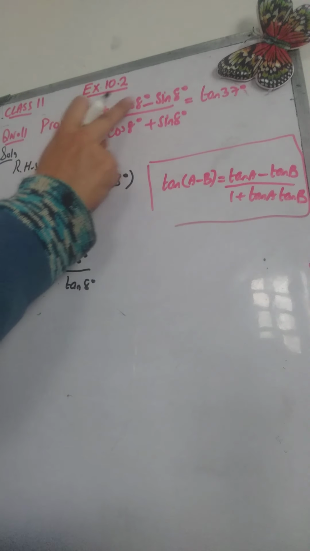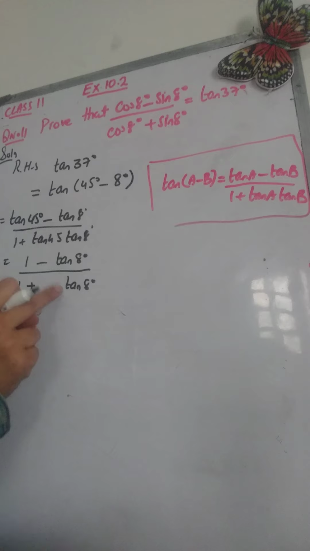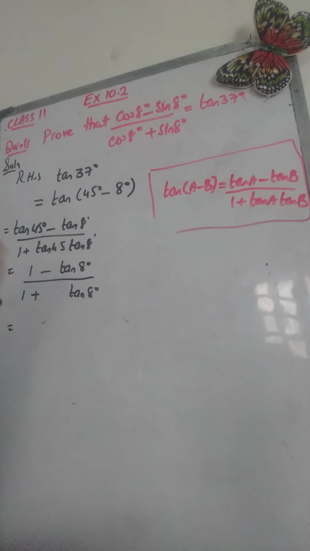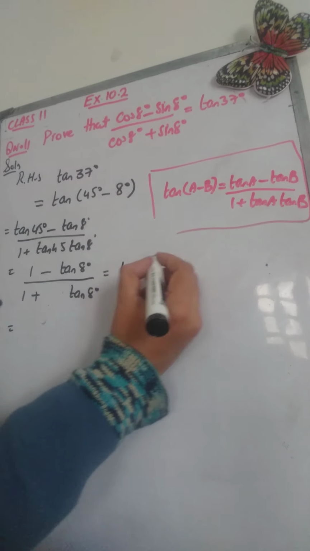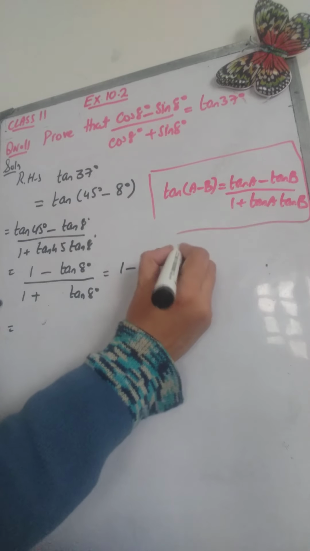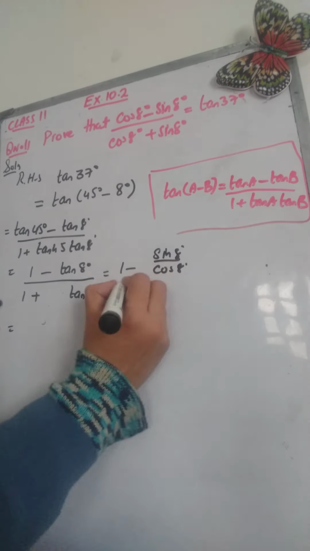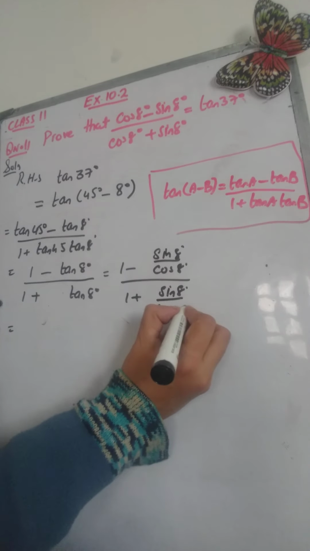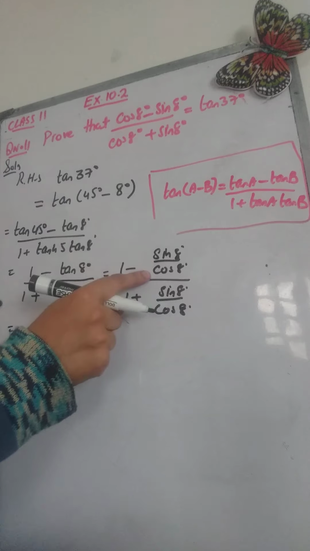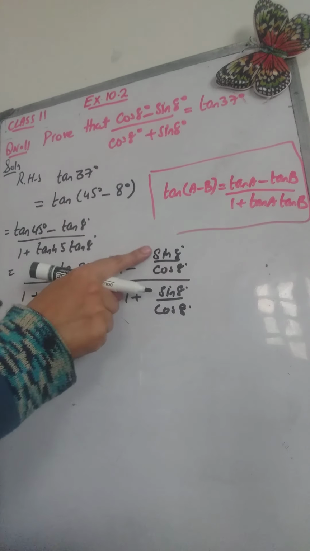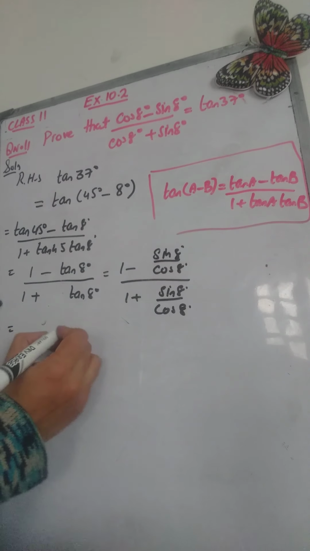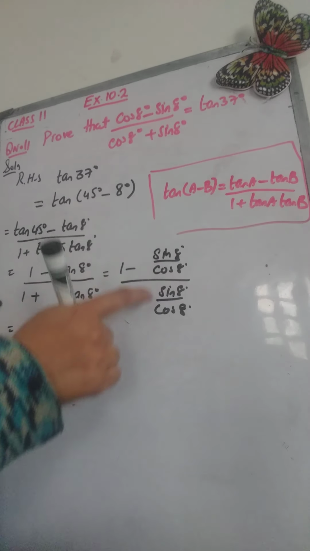Now we know that we have to write the sines and cosines of 8, so I am going to convert these two tangents into ratios of sines and cosines. This will be equal to (1 minus sine 8 over cos 8) over (1 plus sine 8 over cos 8). We know that tangent theta is equal to sine theta over cos theta, so I have used this ratio formula in both the numerator and the denominator.